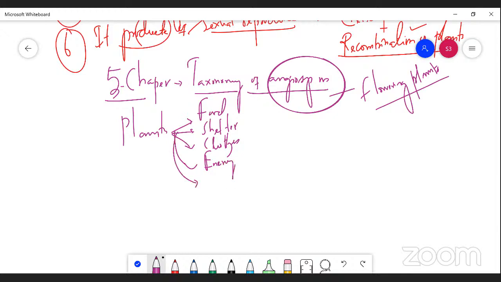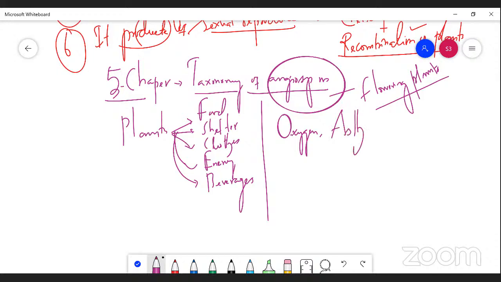The plants provide beverages. Apart from food, shelter, clothes, energy, and beverages, plants also help the survival of living organisms. That is commonly called providing oxygen. And also they maintain the aesthetic value of the environment.